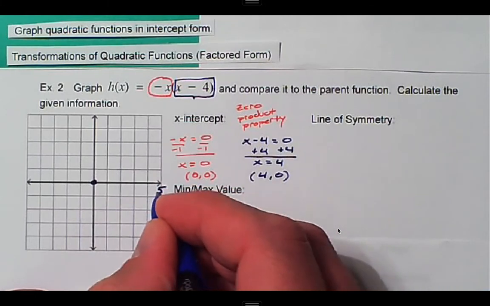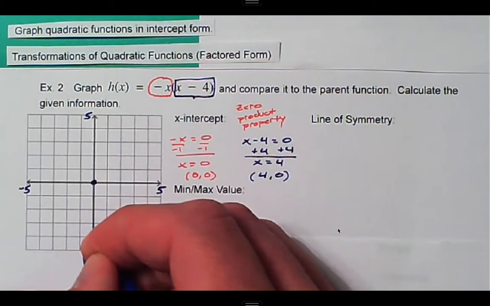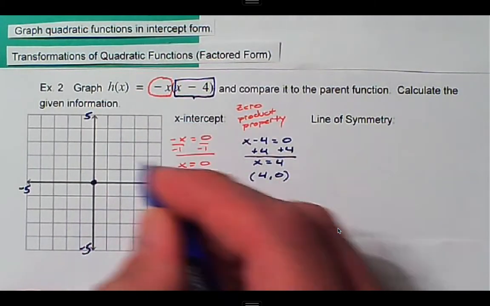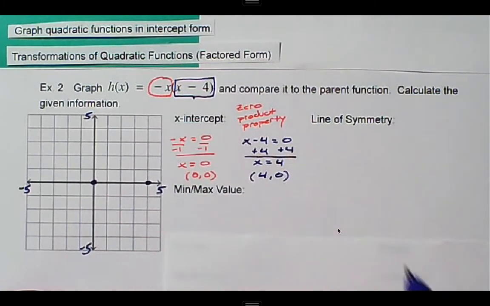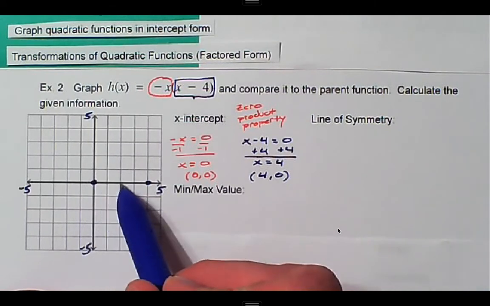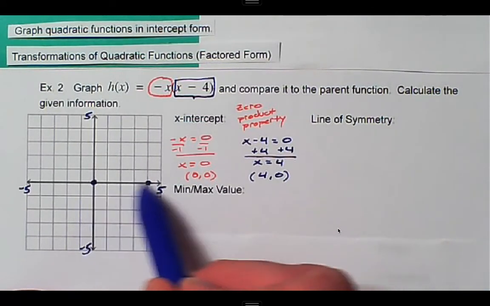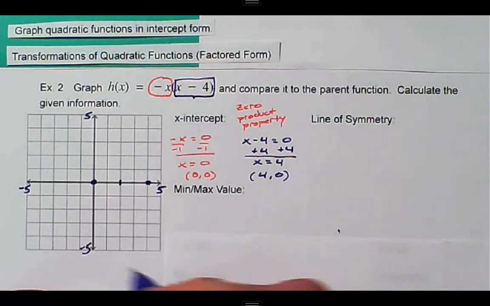So 4, 0. 1, 2, 3, 4. Now, the line of symmetry is the average between the 2 points, and we can count it. We can say 1, 2, 3, 4. 4 divided by 2 is 2, so the line of symmetry is going to be right here.